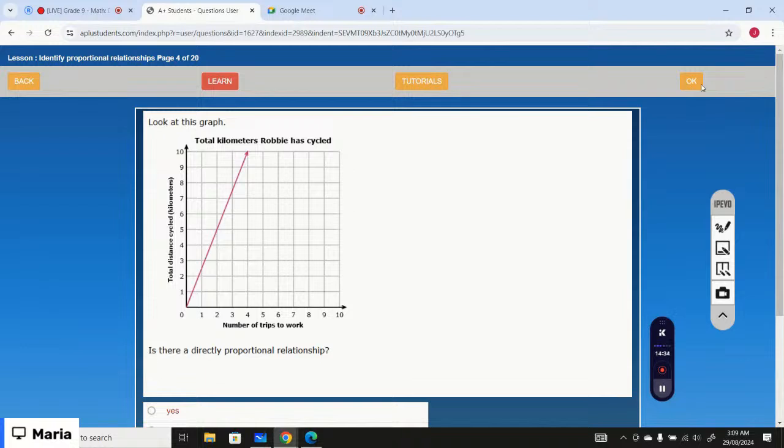The correct option is yes, it is a proportional relationship. Got it? Because the graph is a straight line and it is passing through the origin. So, yes, it is.